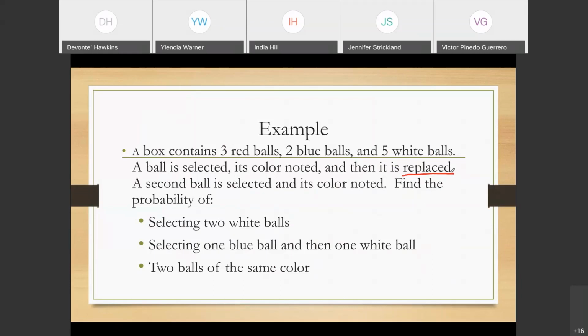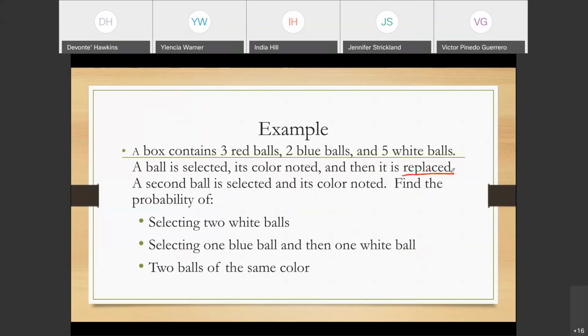Find the probability of, and we've got a couple of different things that we want to work on here. The first one says that we want to find the probability of selecting 2 white balls. This sometimes can be difficult for students because we are conditioned to look for the "and", and there's not really an "and" in this problem in the first part where it says selecting 2 white balls.